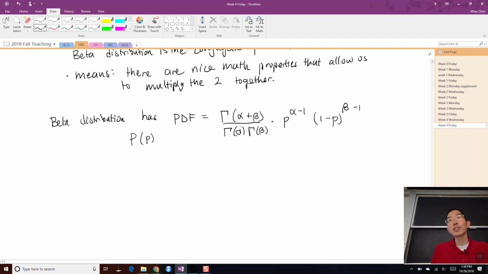All right, this looks scary, right? The gamma function looks like a scary thing. It's actually not, but it feels scary. The gamma function is basically factorials. If I say, what's 3 factorial? You do 3 times 2 times 1 and you get 6. 4 factorial is 4 times 3 times 2 times 1, which is 24. 5 factorial becomes 120.